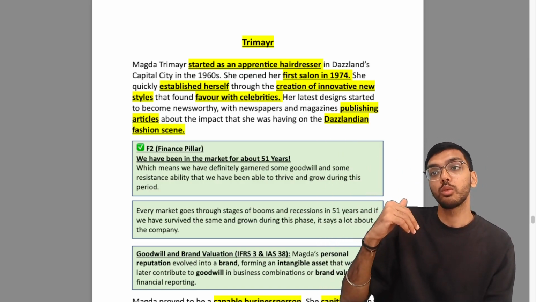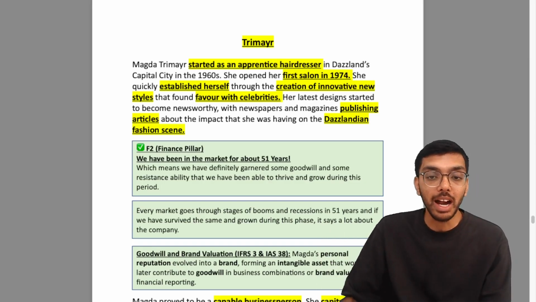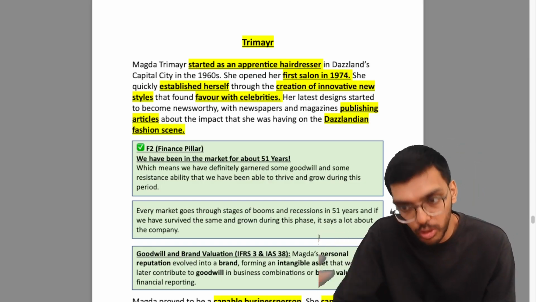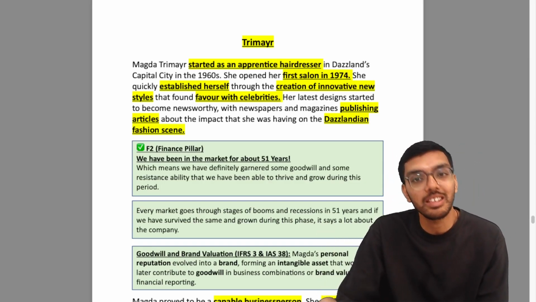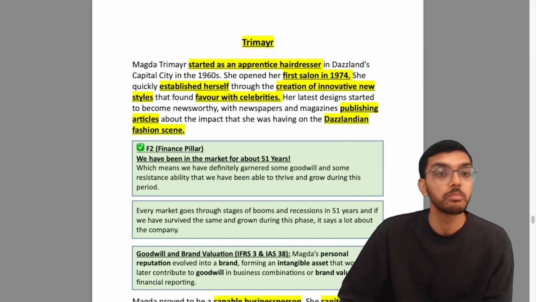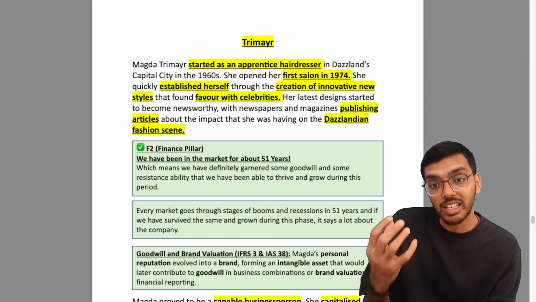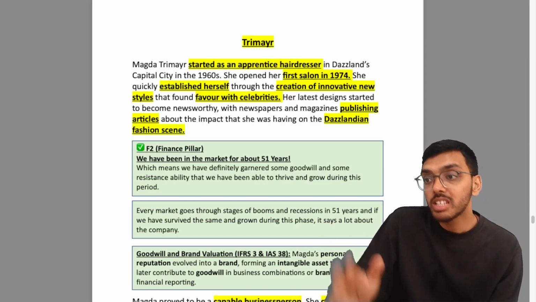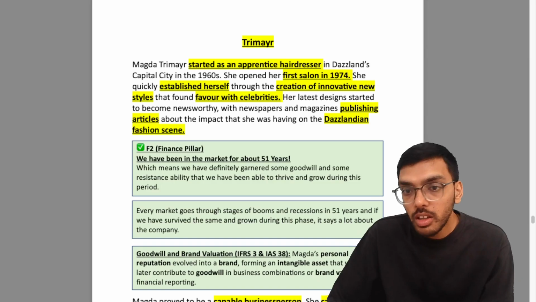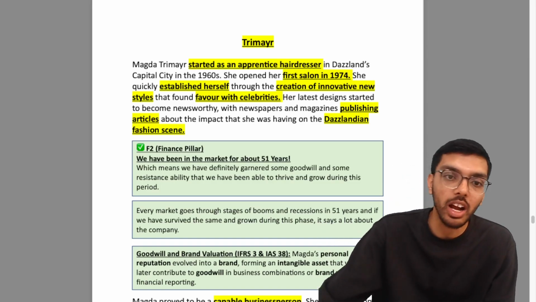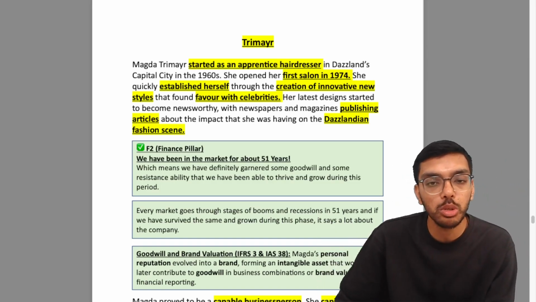So if one part of the company is sold, for example, there is a divestment happening in an exam scenario, then goodwill calculation will be important because your company has garnered goodwill. Second, if you buy a company and they have goodwill, again goodwill calculation comes into the picture.